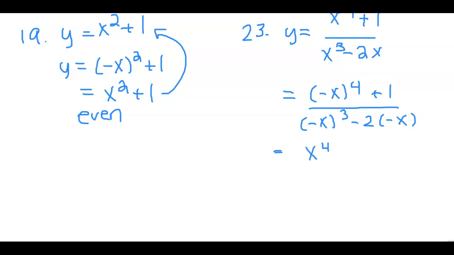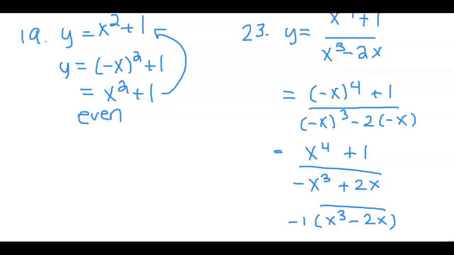Simplifying, that gives x to the 4th plus 1, and then down in the denominator, you get negative x cubed plus 2x. Well, in the denominator, I could factor out a negative 1, and that leaves x cubed minus 2x, and x to the 4th plus 1. Well, since you can factor out a negative 1, that makes this odd.